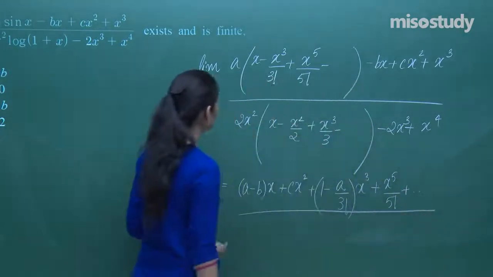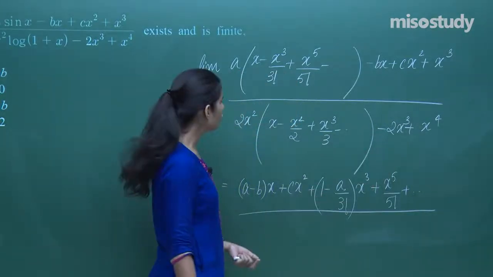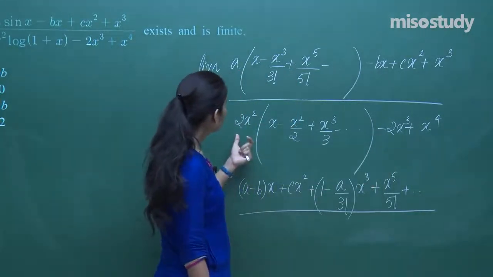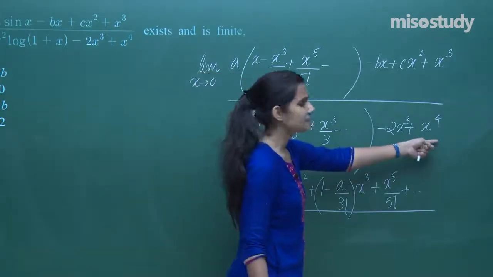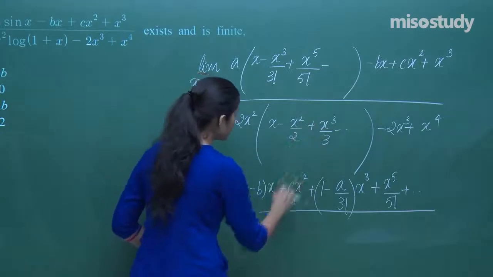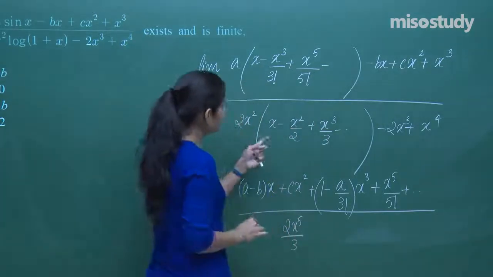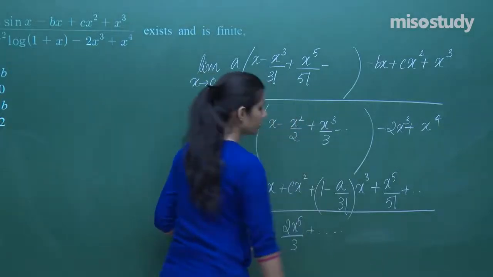And in the denominator you have what? 2x cubed minus 2x cubed, 0. Then you have minus x to the power 4 plus x to the power 4, 0. You have literally now 2x to the power 5 by 3 plus and so on.